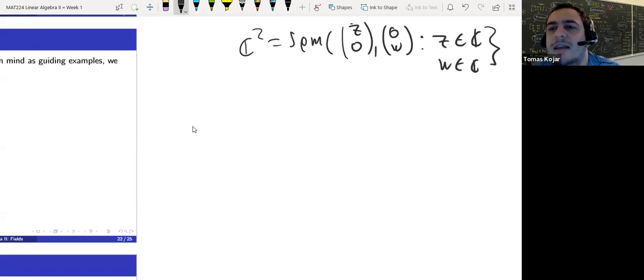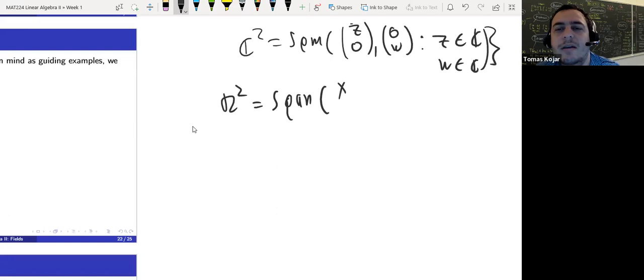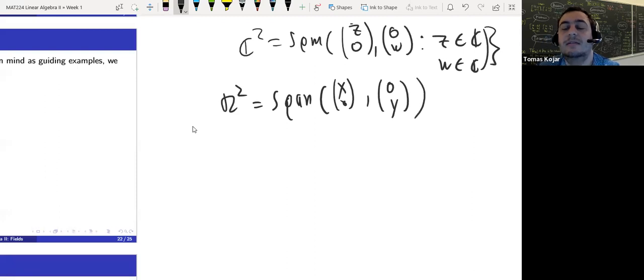So this is the same as when you talk about R2. This is really the span of one number and another number. Does that make sense? Yes, that's the analogy, that C is like the base for your extensions for C2. So this is the number system.